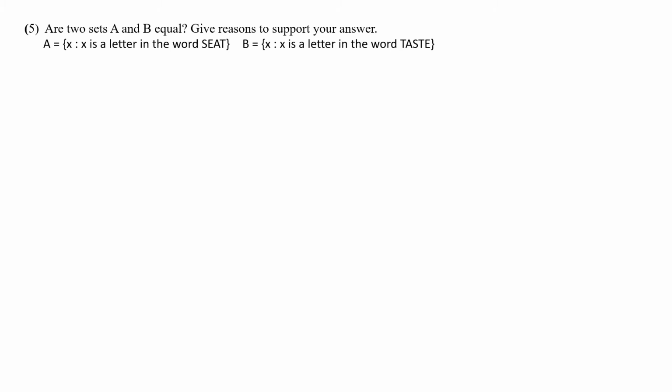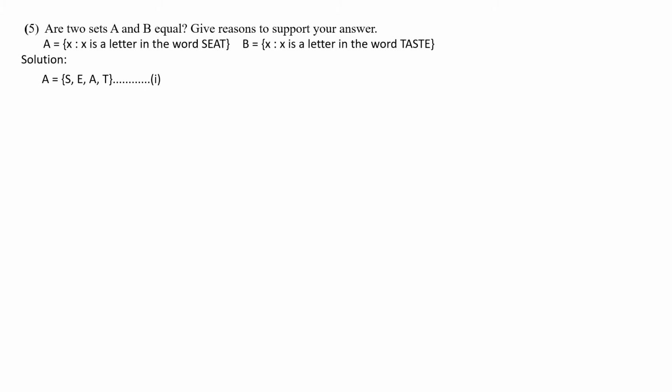Set B equals X such that X is a letter in the word taste. Now you have to justify also. So first we will write these sets in listing method. So solution, set A equal to, now what letters will come inside the set? S, comma, E, comma, A, comma, T.